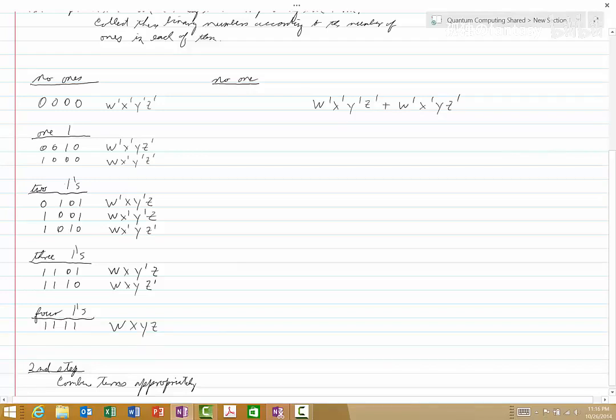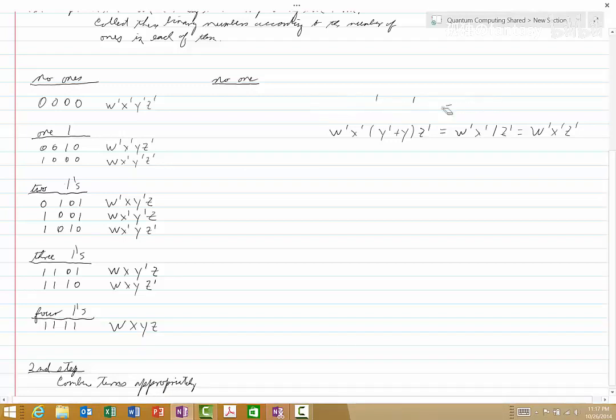And notice that this could be written as W prime, X prime, Z prime times (Y prime or Y), but Y prime or Y is equal to 1, which is the same thing as W prime, X prime, Z prime. So those 2 terms can be joined together, and let's do that.